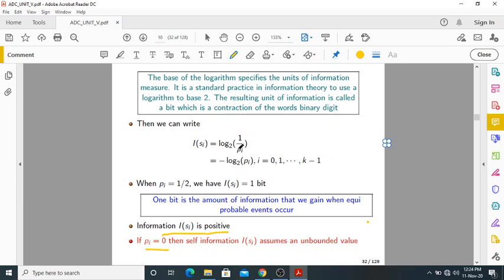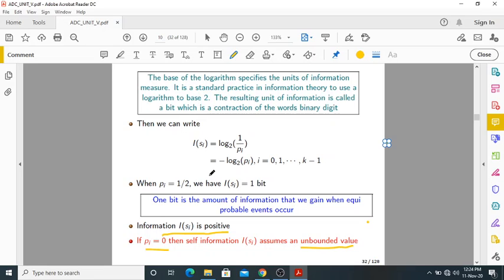So P of i is 0, 1 by 0 is infinity. Log infinity is undefined actually. It is unbounded. Okay. Now, if there is any event whose probability of occurrence is 0, then the information will be unbounded, which means we get infinite information that is not bounded. Why?